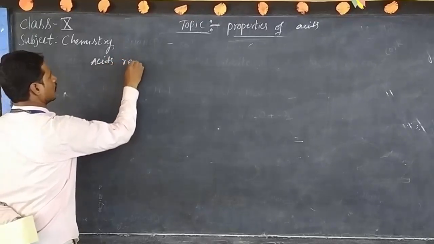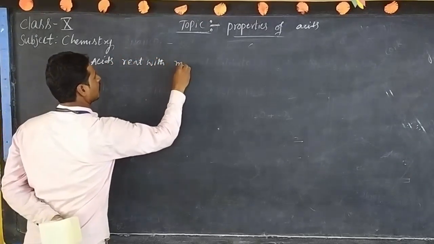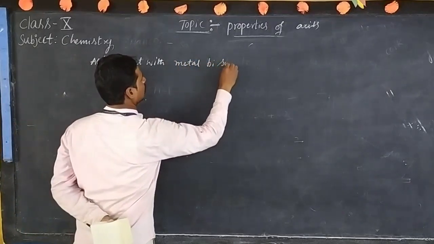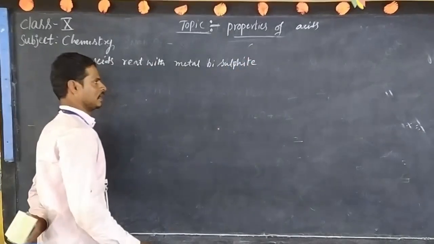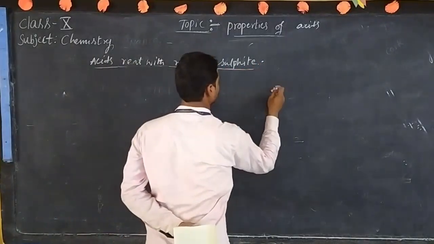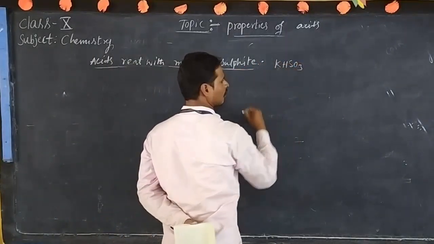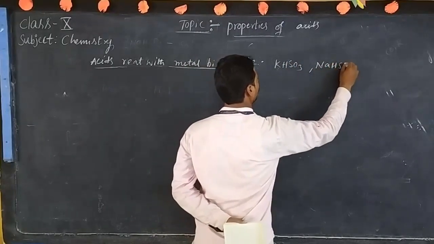Acids react with the metal bisulfites. Examples: potassium bisulfite, sodium bisulfite.